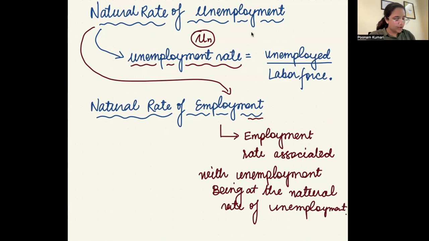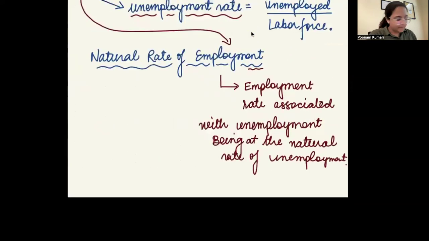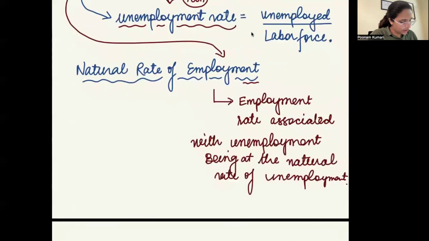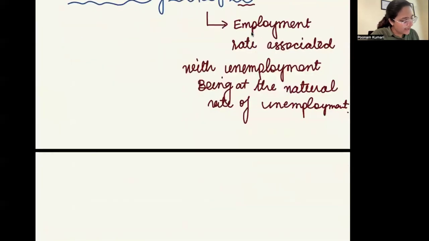Now how do I calculate that rate? UN means the natural rate of unemployment: U means the unemployment rate, N means natural. The unemployment rate is the number of people who are unemployed divided by my labor force.